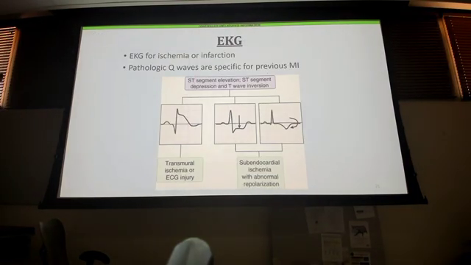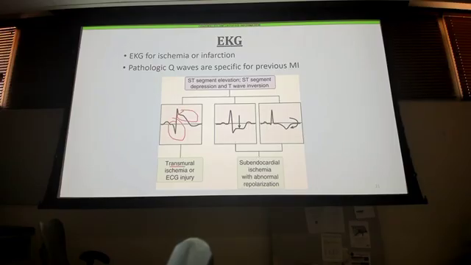But your EKG is going to be key because it's going to help you differentiate which form of ACS you're encountering, which is then going to influence how we treat it. So if you see ST elevations and Q waves, although Q waves are going to be hours after the fact, this is typical of a transmural infarct.